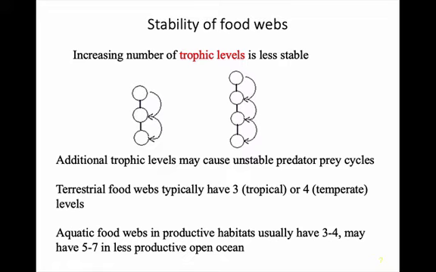Basically, what you're thinking about here is stacking predators upon predators. So here's a plant, here's a deer, here's a coyote, here's an eagle that preys on the coyotes. But are there enough eagles to support a predator of eagles?